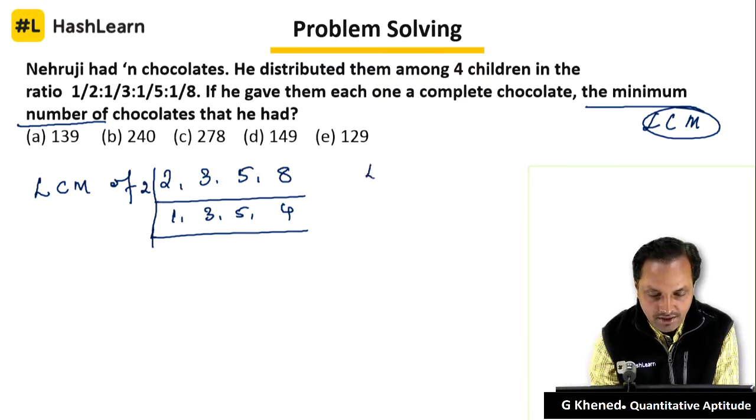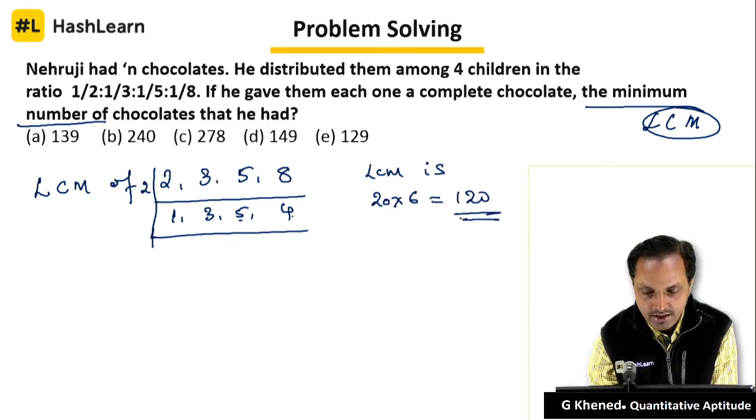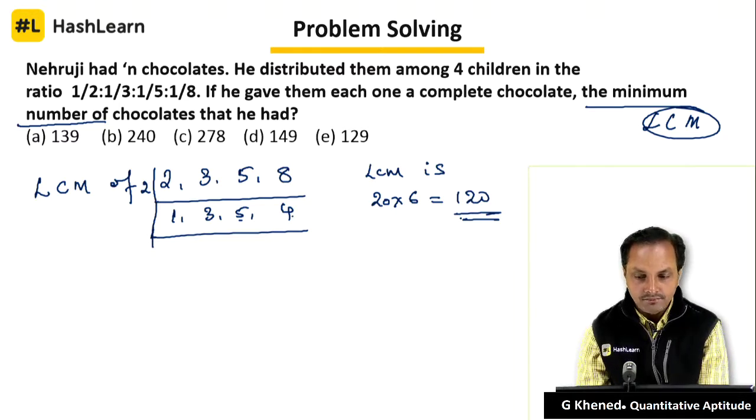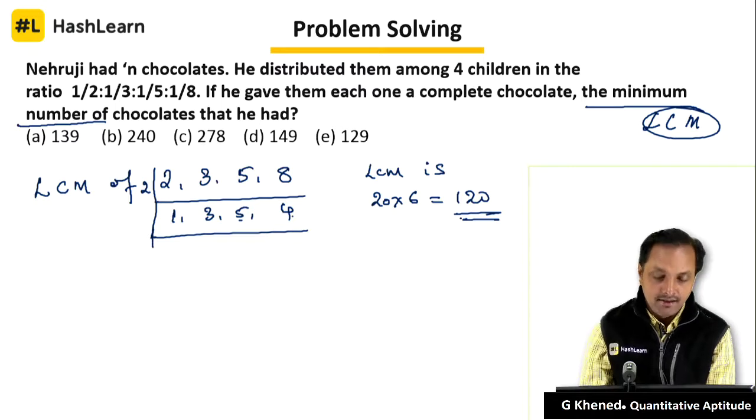So your LCM is 5 into 4, 20 into 6 into 12, which is 120. So LCM is 120. Then the minimum number of chocolates that he had, very simple.